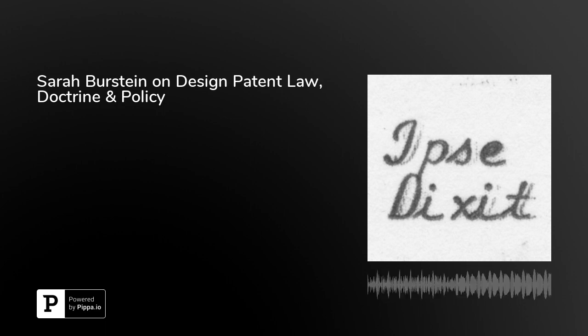And the other thing I found that was really fascinating is that there was a really clear distinction back in 1887 between articles of manufacture, which again are what we're doing designs for, and machines. The court said these are very different, ne'er the twain shall meet, based on statutory interpretation between the two regimes of utility patents and design patents.